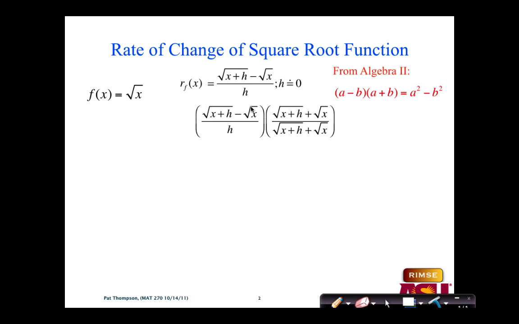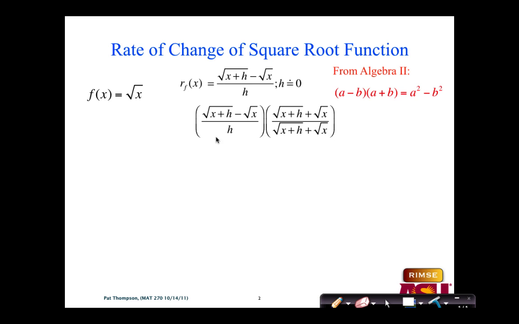Because what I get is the first quantity squared, which is, well, the square root of x plus h, squared, is going to be x plus h, assuming that I've got properly defined x and h values that made sense in the first place. And then when I square the square root of x, I get x.